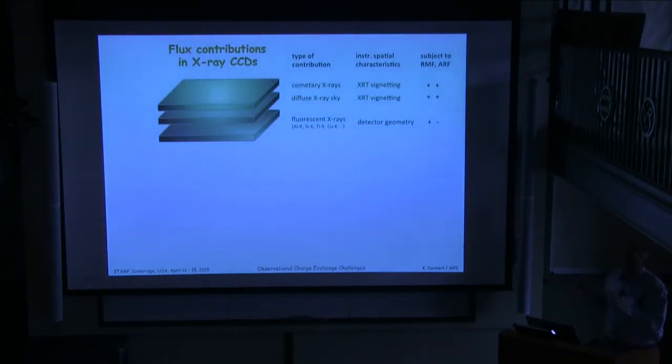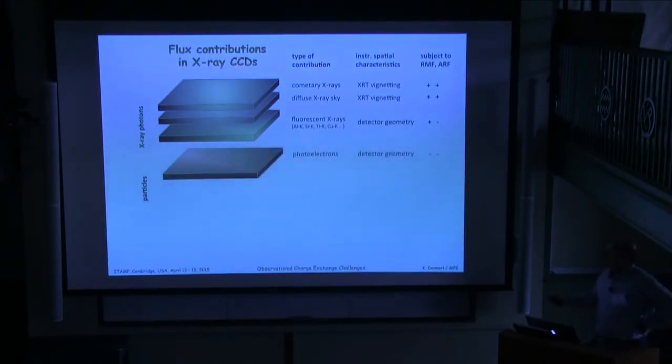So whatever is inside this camera housing, aluminum, silicon, which comes from the CCD itself, titanium, copper, can produce, in addition, fluorescence lines. And they have a different spatial distribution. This all is just X-ray photons, but there are also particles. This one is obvious.